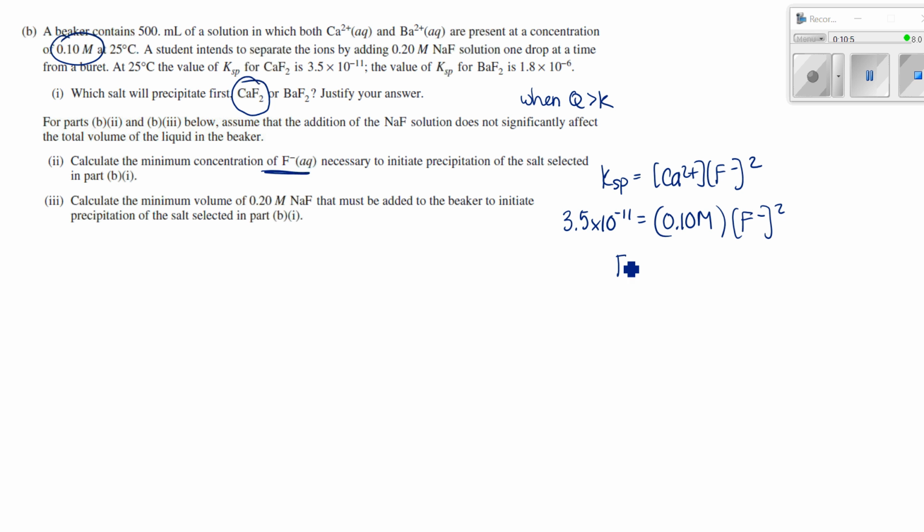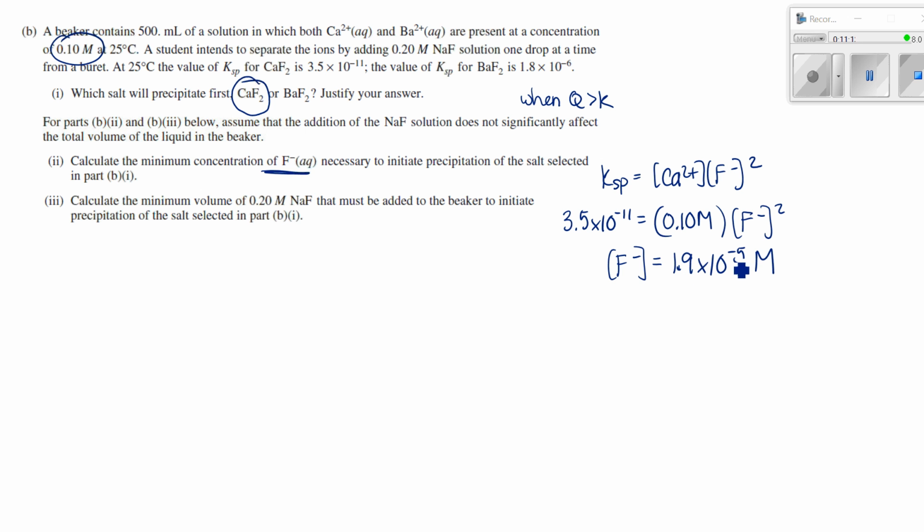So we are going to rearrange and solve for F. And when you do that, let me check my math here real quick, your value of F ends up being 1.9 times 10 to the negative fifth, and that's a molarity.